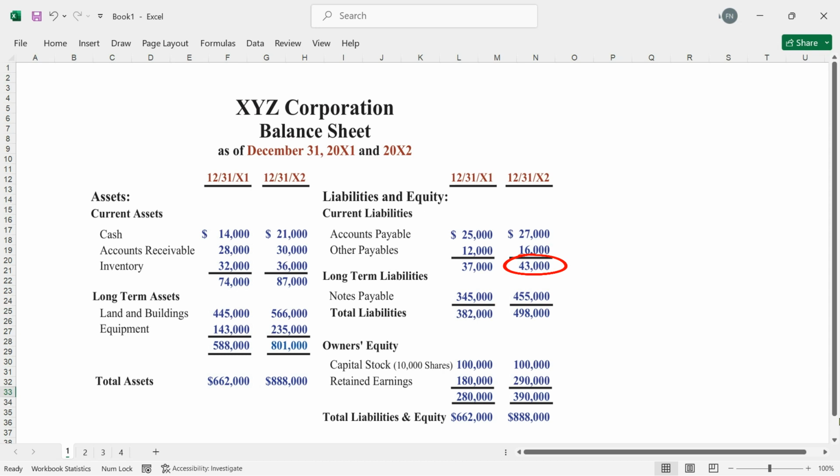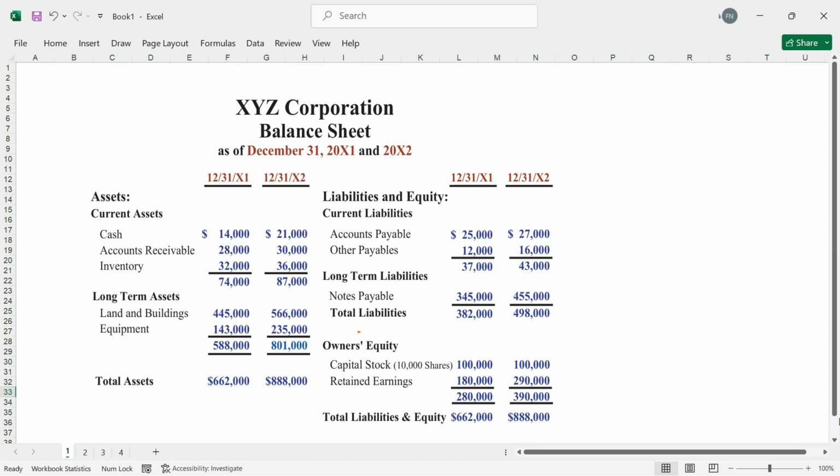See, this gives us a measure or sense for whether or not the company is liquid or in a position to meet their obligations in the short term. That is why we'll make this distinction between current versus long-term assets and liabilities.